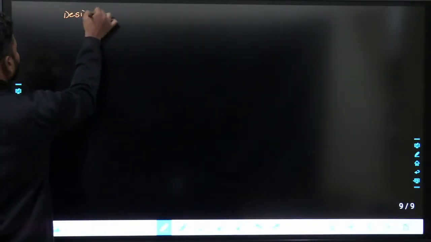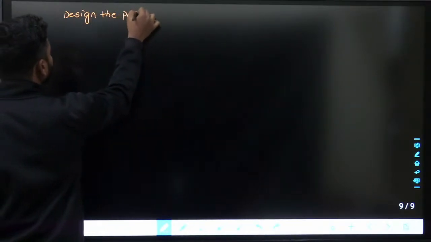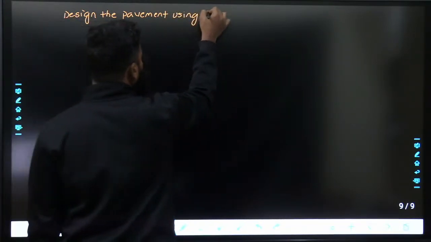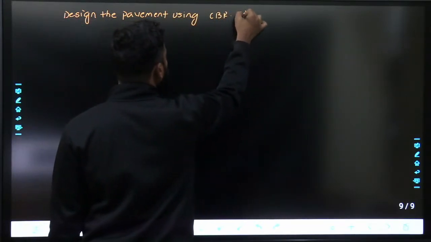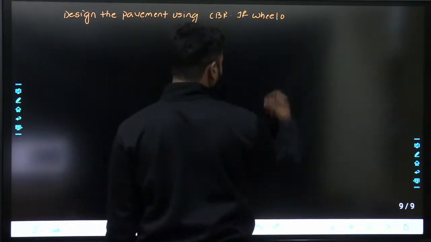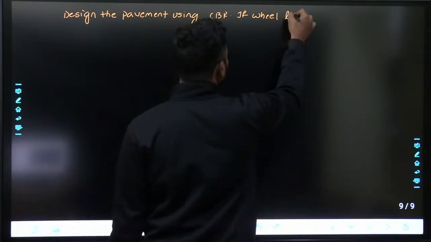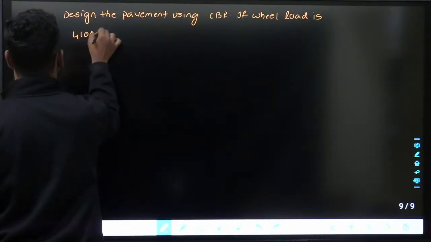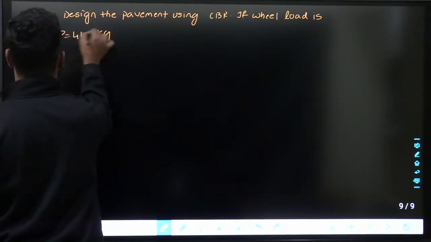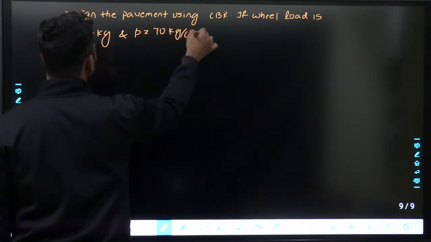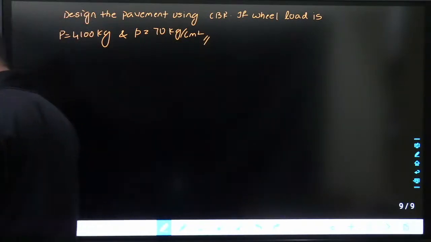Design the pavement using CBR if the wheel load is 4100 kgs and small p is equal to 70 per centimeter square.